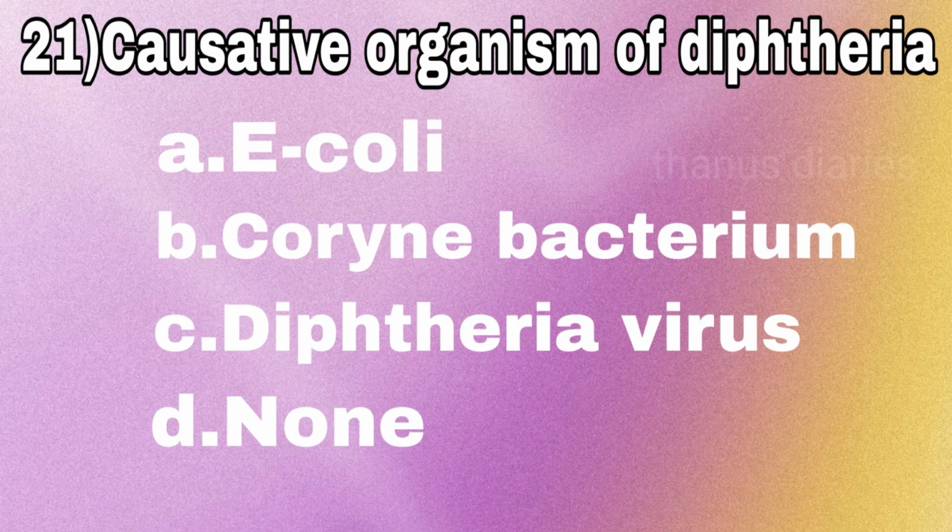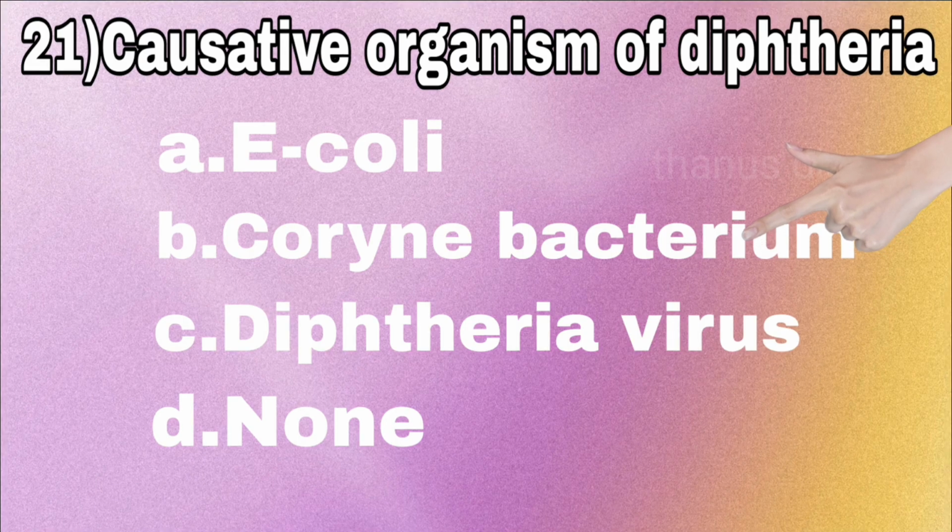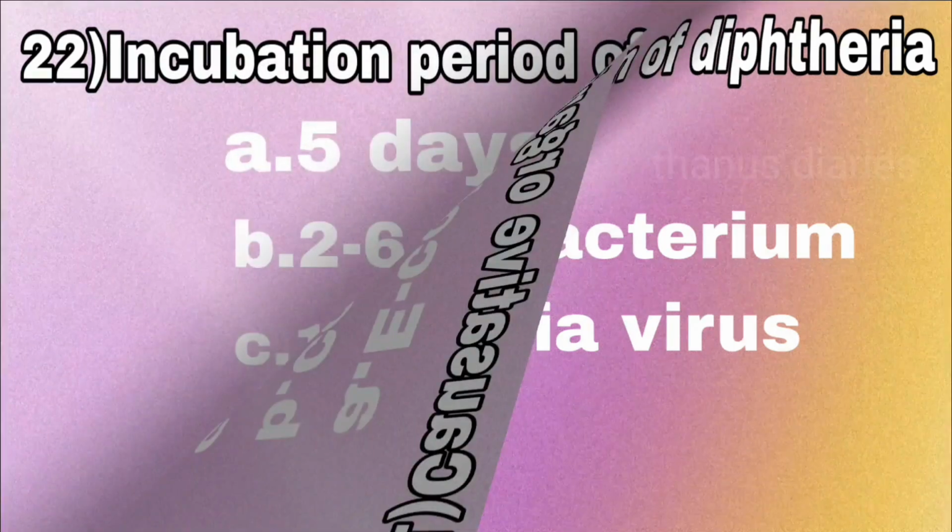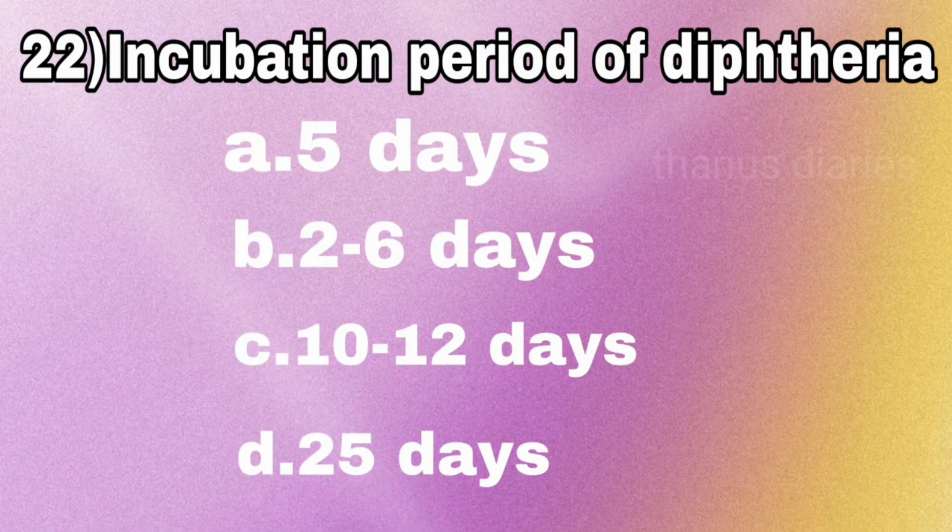Causative organism of diphtheria is Escherichia coli, Corynebacterium diphtheriae, diphtheria virus, and none of the above. Corynebacterium diphtheriae. Next question. Incubation period of diphtheria is 5 days, 2 to 6 days, 10 to 12 days, 25 days.